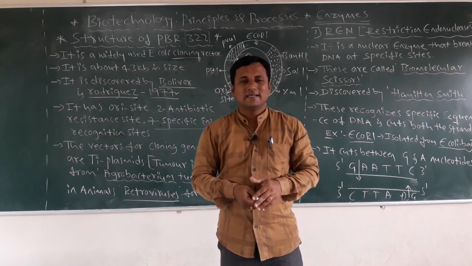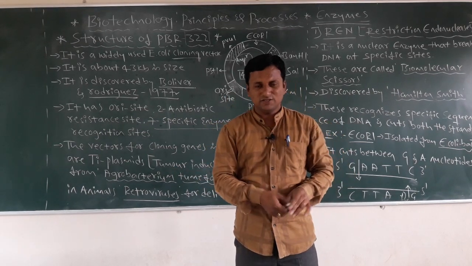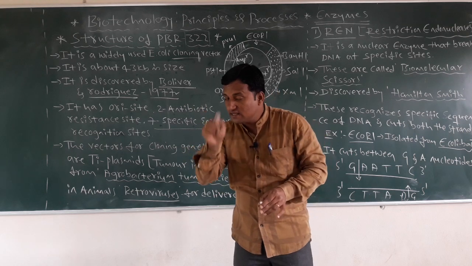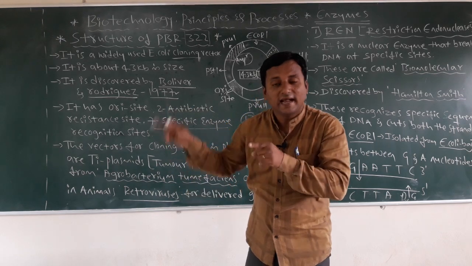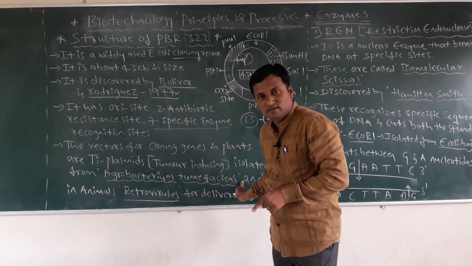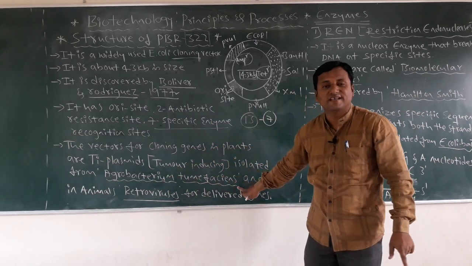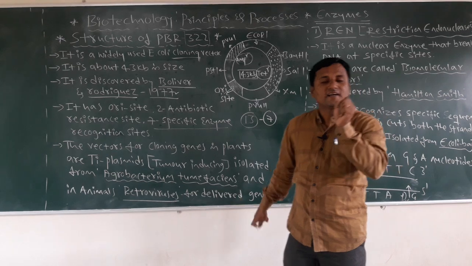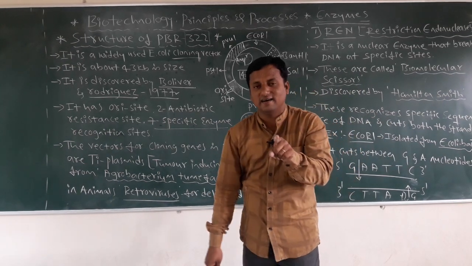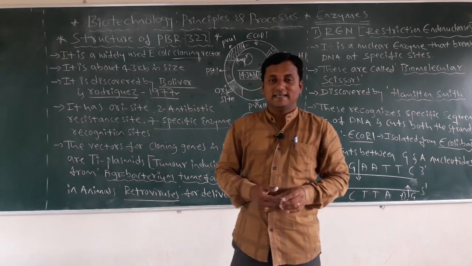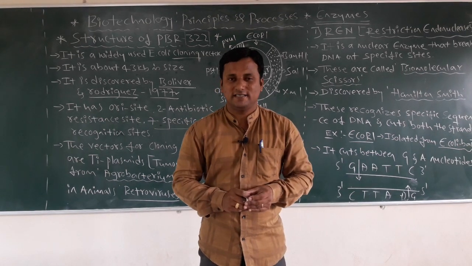What is TI? TI means tumor inducing plasmid, tumor inducing, which takes place in plants. Tumors are induced in the plants, and this plasmid is isolated from a type of bacteria called Agrobacterium tumefaciens. From that bacteria, this type of plasmid is isolated, called the TI plasmid.